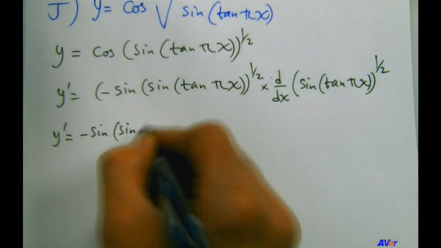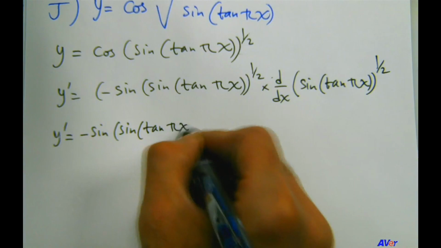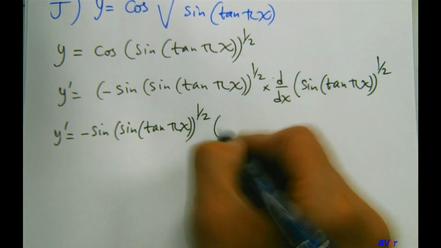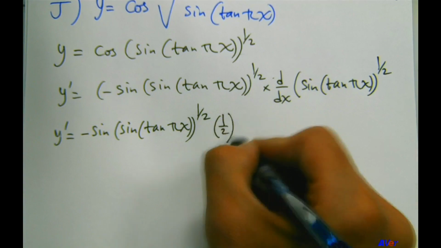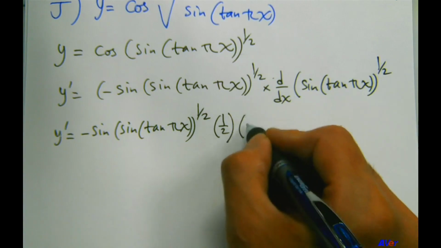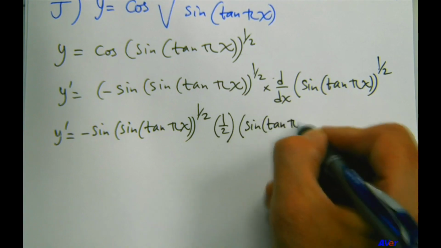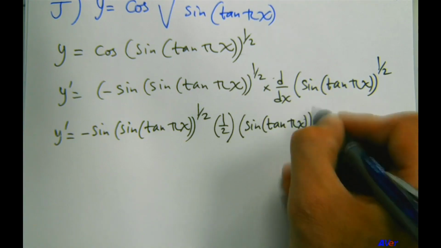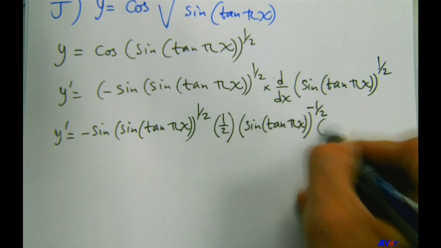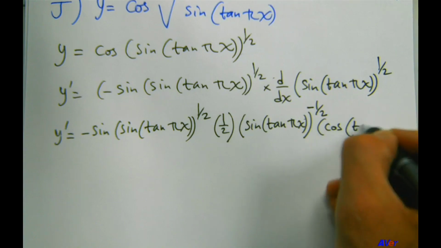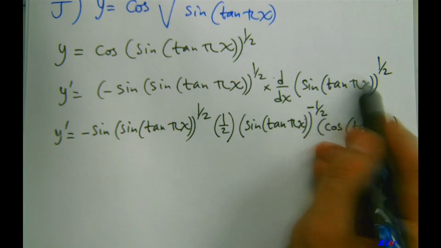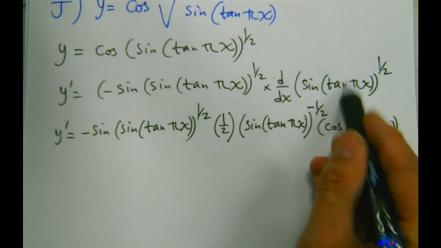So then y prime would be equal to all of that, which we won't touch, minus sine of tangent pi x to the 1/2 power times, now let's bring the 1/2 down. We're taking that derivative, 1/2 times all of that with one less power, 1/2 times sine of tangent pi x. 1/2 minus 1 would be minus 1/2, times the derivative of the inside, which would be cosine of tangent pi x, times the derivative of the inside parenthesis, which would be secant squared pi x.